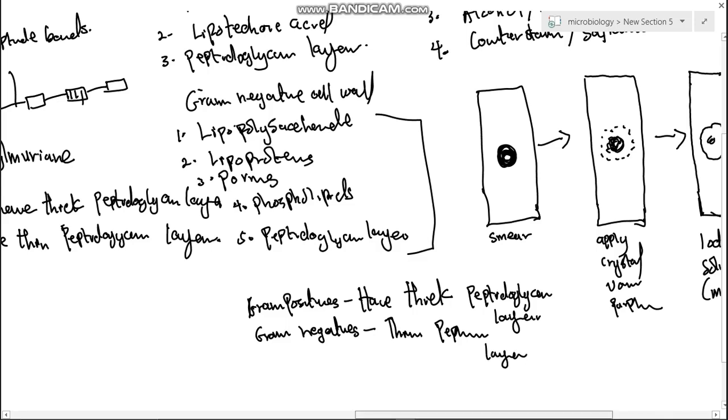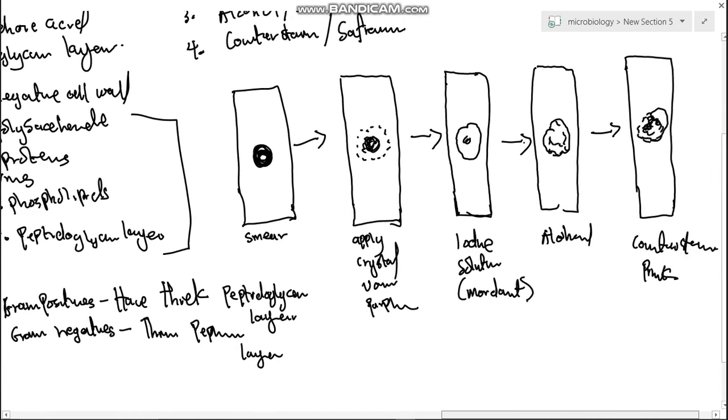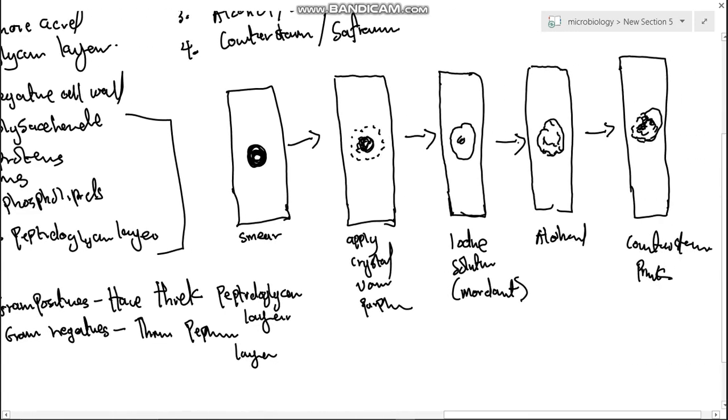So what do you think will occur? During a gram stain, when it reaches the decolorization process, due to its thin peptidoglycan layer, all the crystal violet components of the stain will be washed off, or decolorized. Then upon the application of the counter stain, it will be able to stain the component pink.